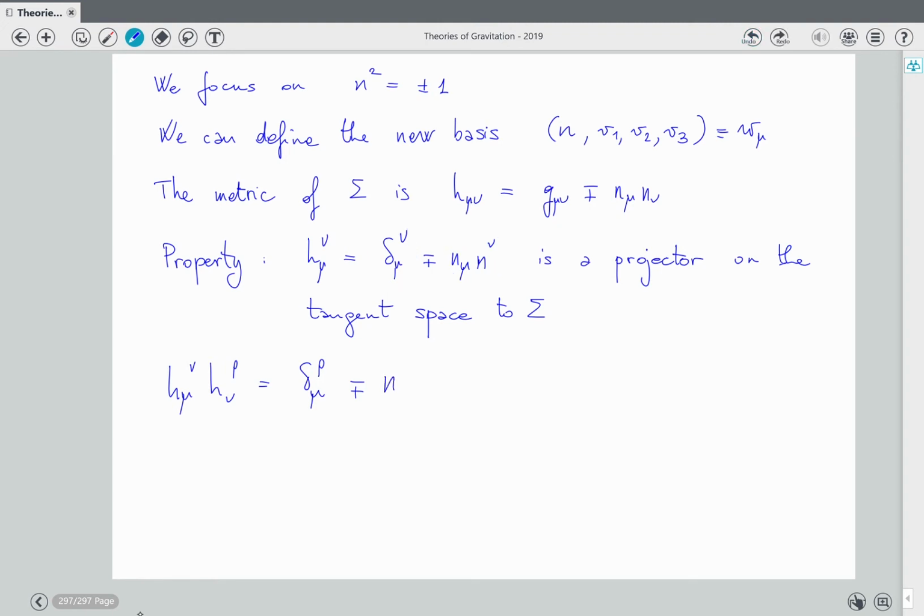So we get twice this. And the third contribution is the square of the last one. But the square loses minus signs, so we get n mu n nu n nu n rho. And this is plus or minus 1. So minus plus 2 plus or minus 1 is minus plus.